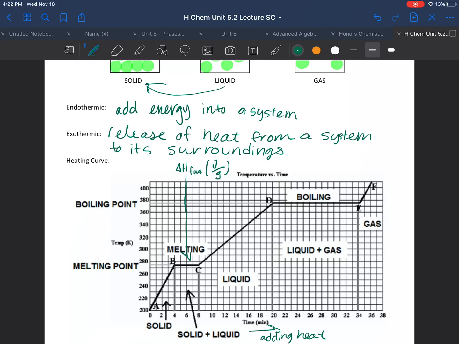So it is how much energy it takes to turn something from a solid into a liquid. And then this plateau represents what's called the heat of vaporization. Again, units of joules of energy per gram. So it tells you how much it takes to break that final last bit of intermolecular forces we have going on.